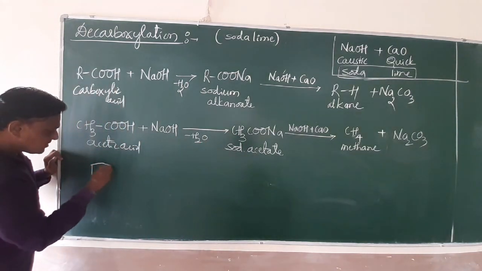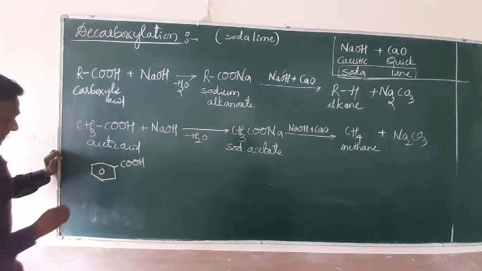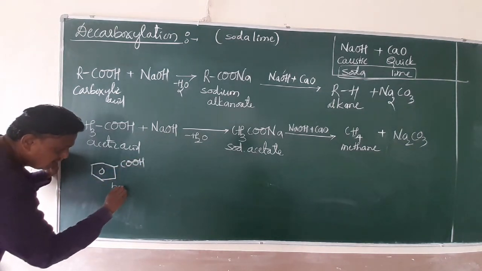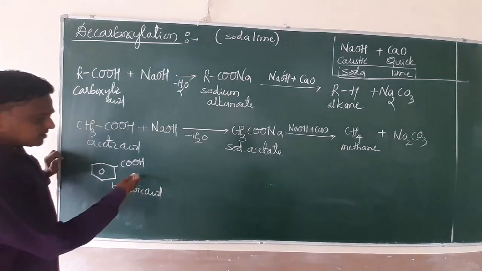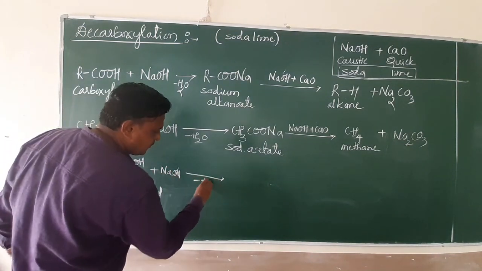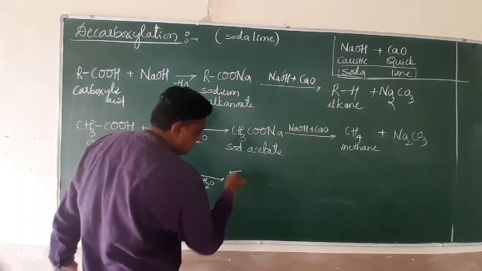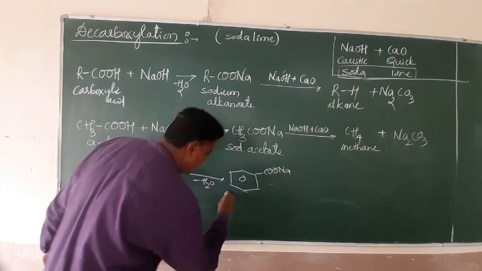A best example in your syllabus, I mentioned, is your aromatic acid. The name of this compound is benzoic acid. This benzoic acid, same, with loss of water gives COONa, sodium benzoate.